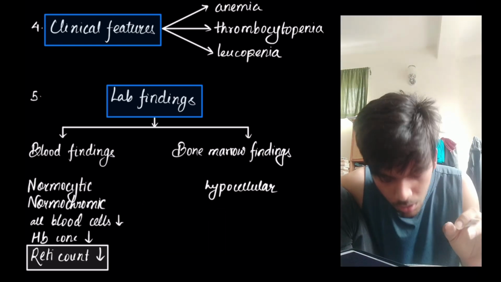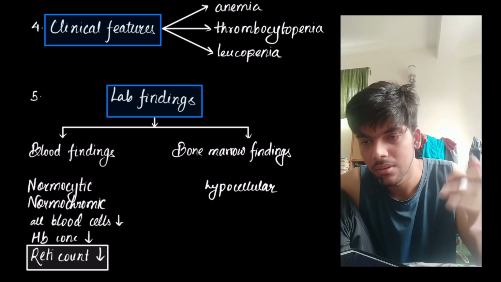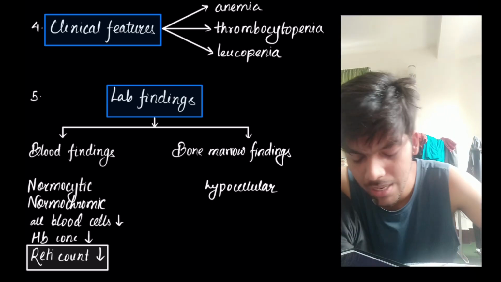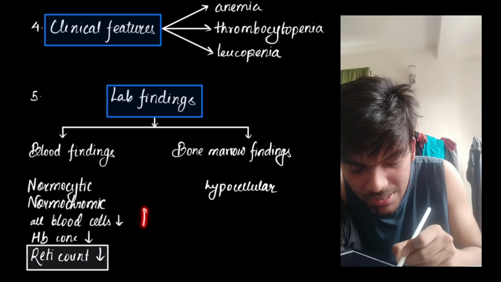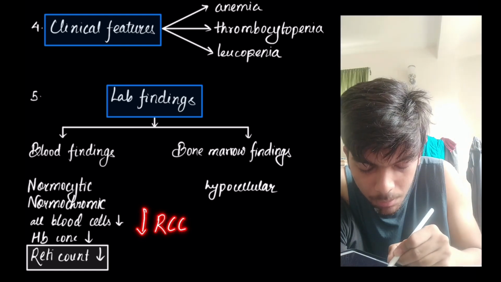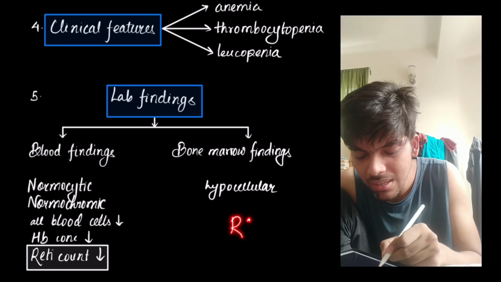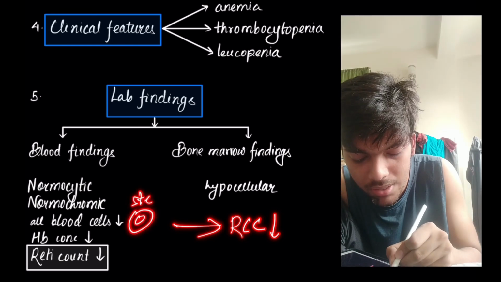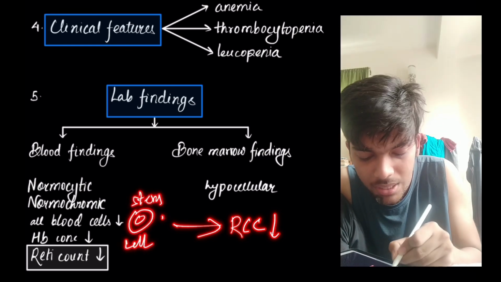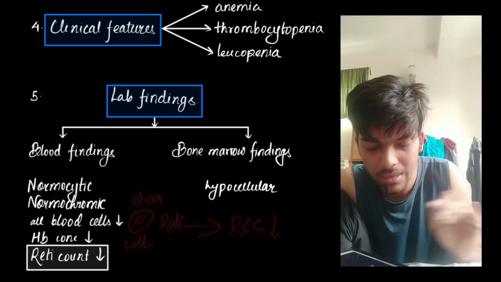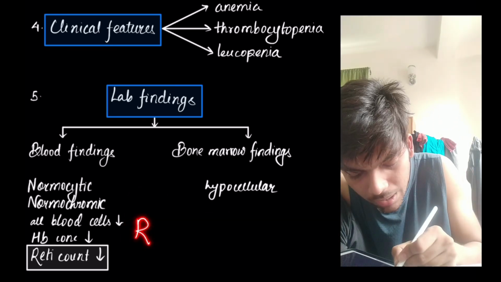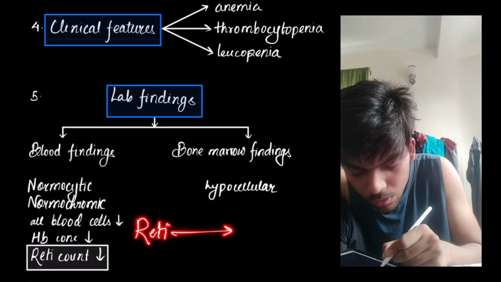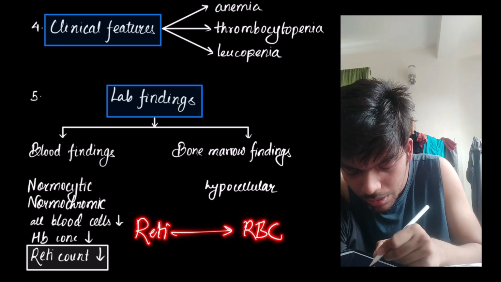See, again, in most other anemia, what happened was that there was decrease in the number of red blood cells. There's a stem cell forming red blood cell, right? And then this stem cell gives rise to reticulocyte, and then this reticulocyte gives rise to mature red blood cell.